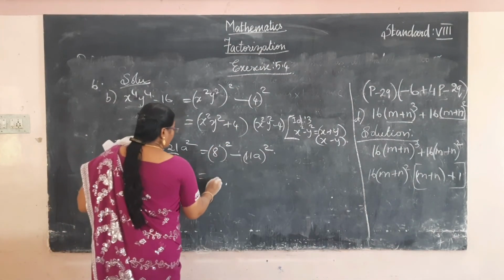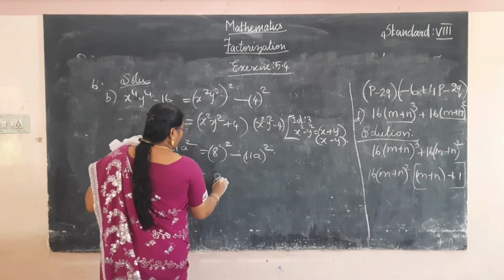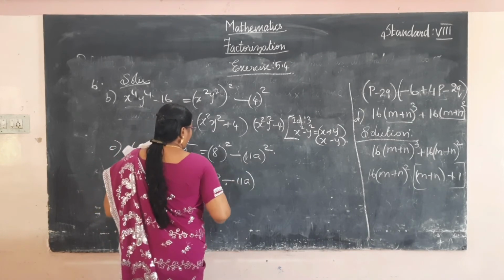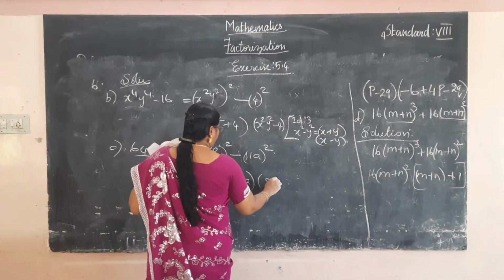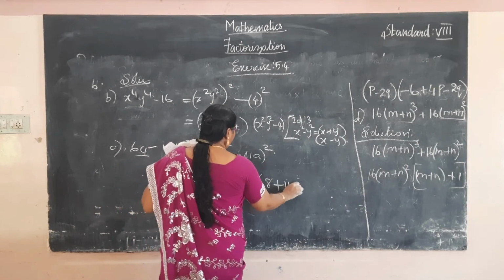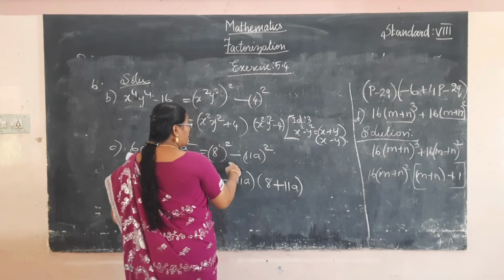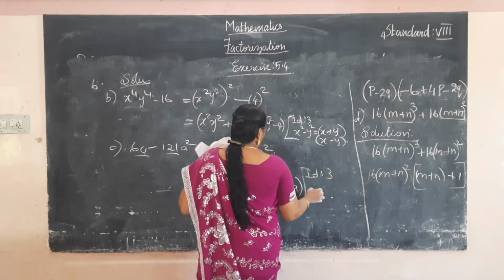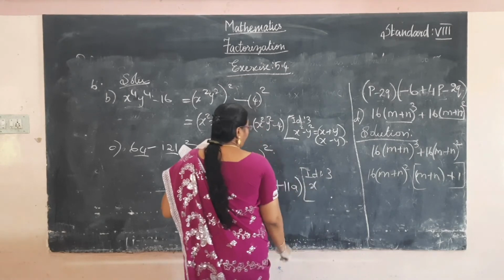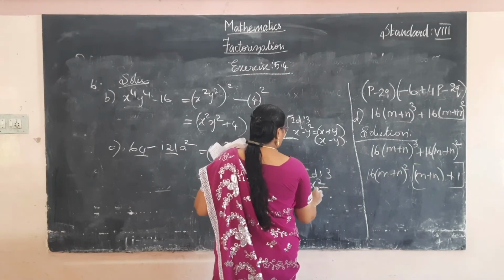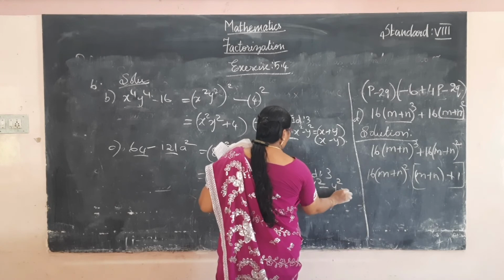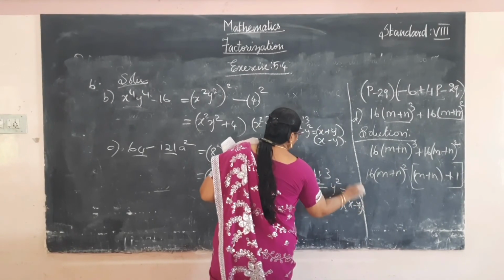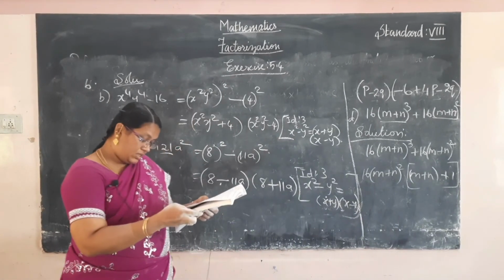So it can be written as 8 minus 11a into 8 plus 11a. This is the factor for this problem using identity 3, because it is in the form of x squared minus y squared is equal to x plus y into x minus y. That's it. Okay.